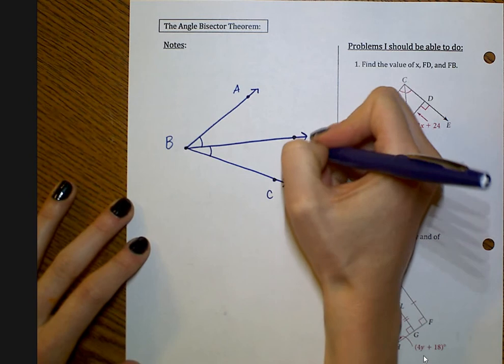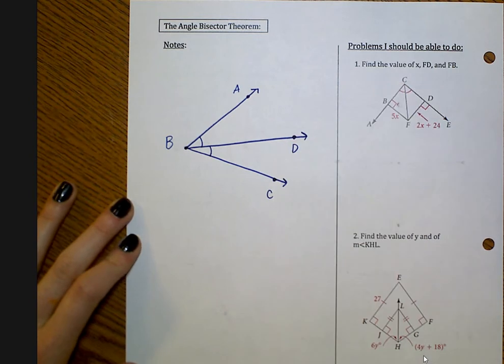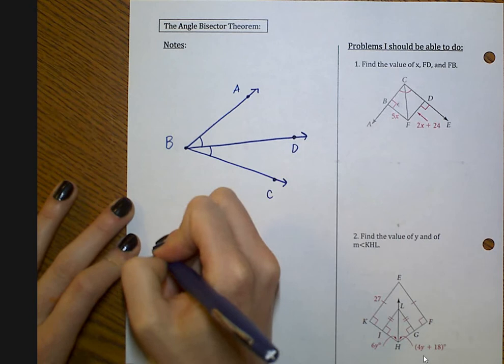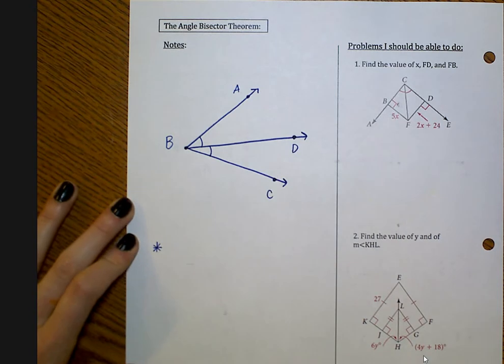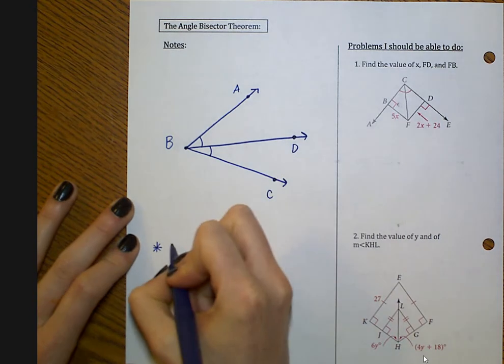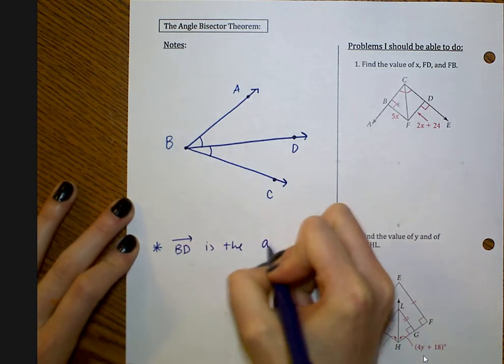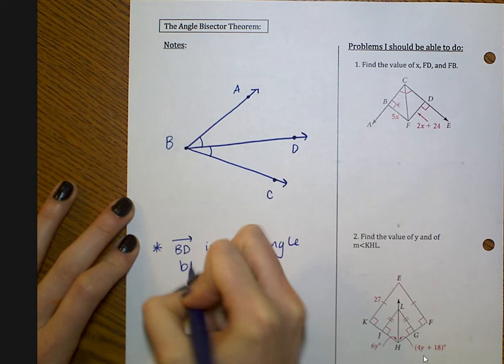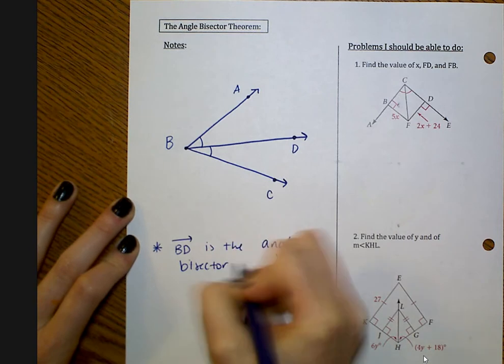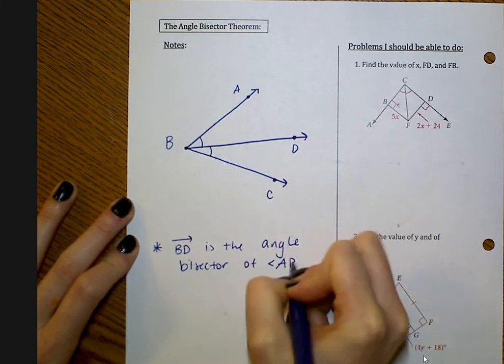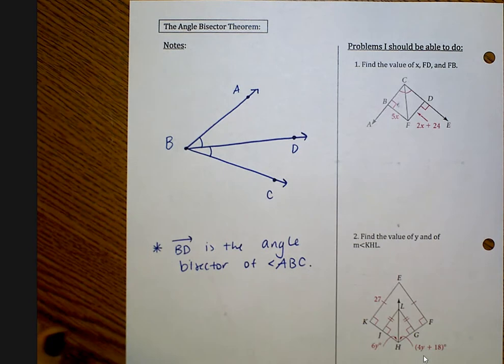Okay, so let's call that point D out there so we can label what's going on. All right, so I'm going to say BD, that ray, is the angle bisector of angle ABC. Right down the middle, it's cutting it in half.